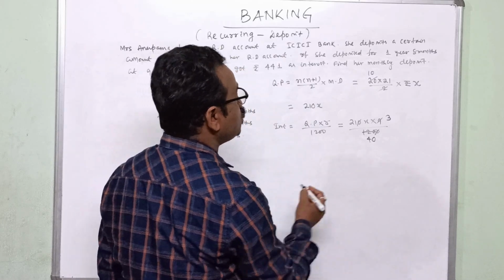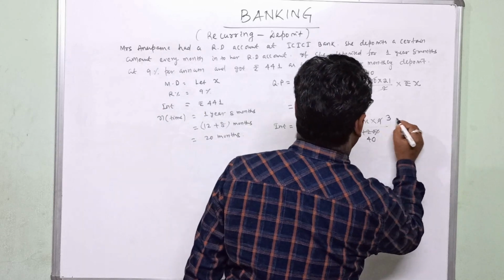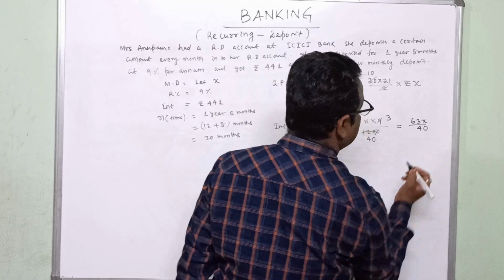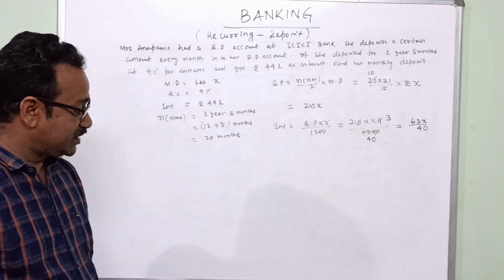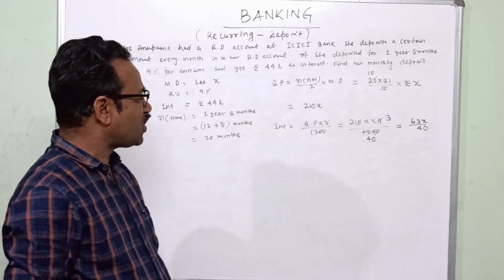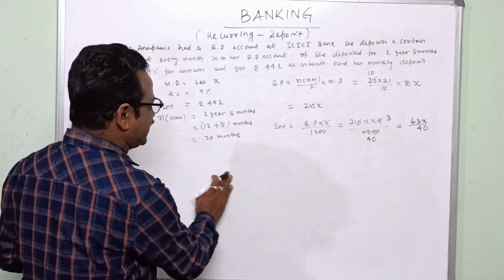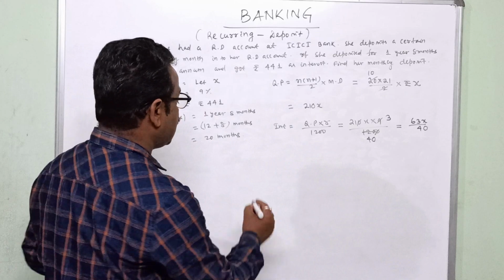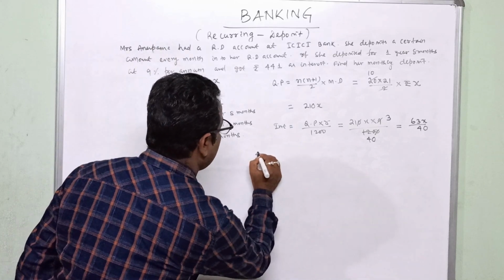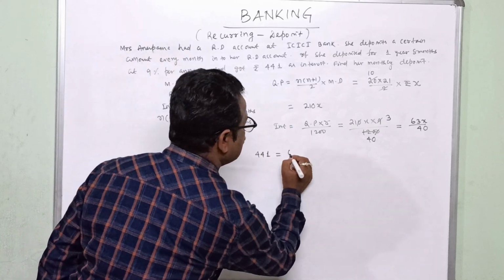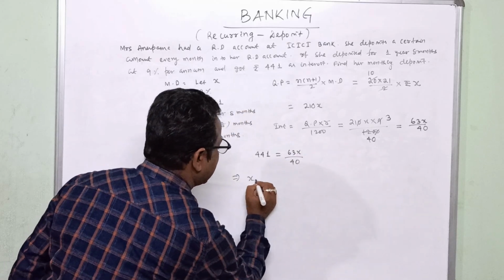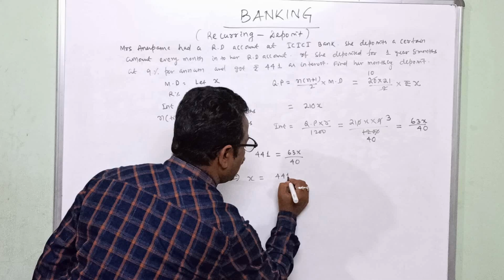That is equal to 63x by 40. It is coming 63x by 40. Now interest is rupees 441.